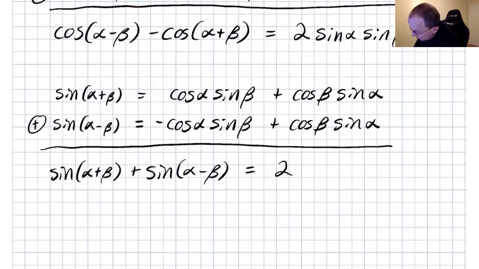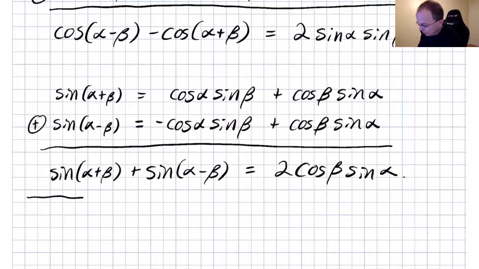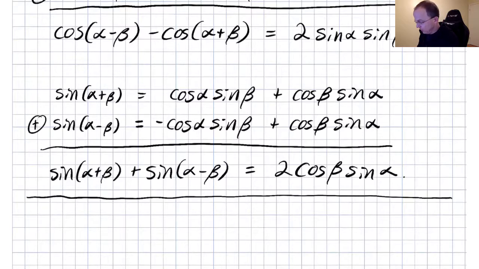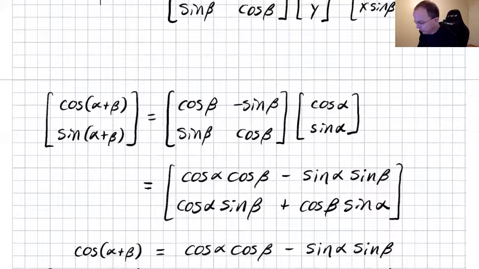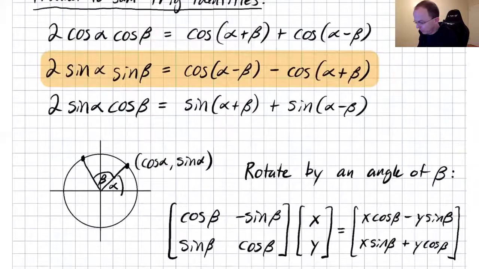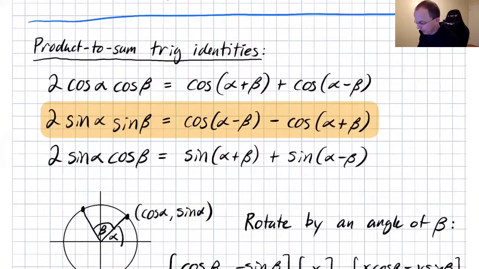And we get 2 cosine beta sine alpha. Okay, all right, so that's a quick summary of these product to sum trig identities.